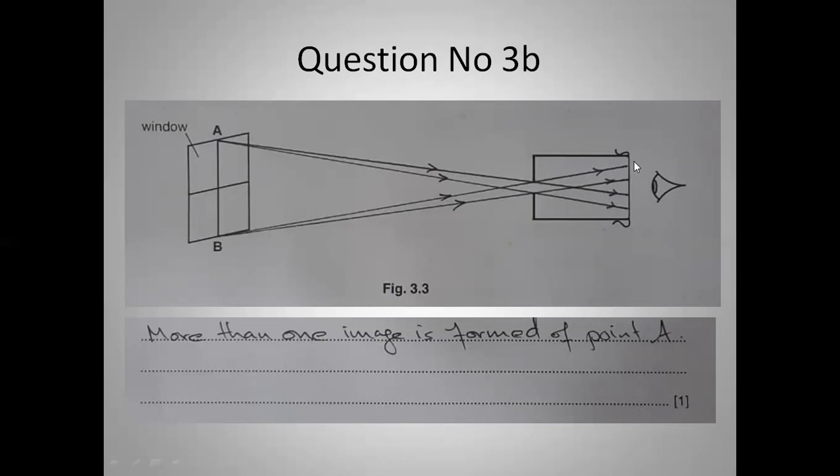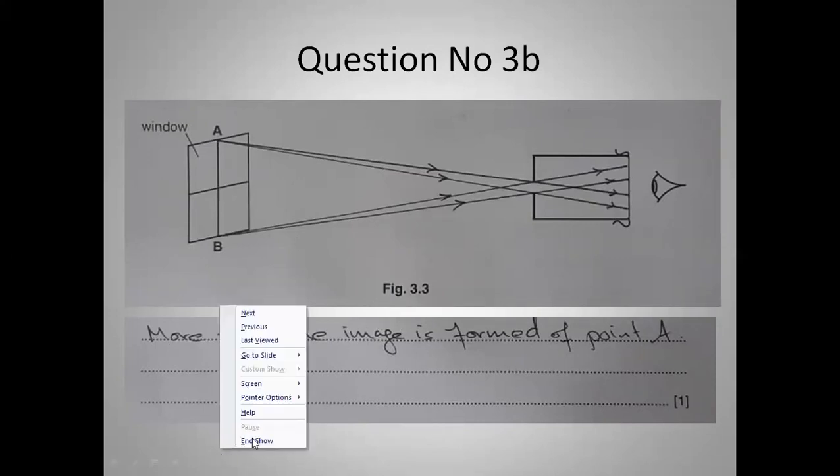So the image will be here and here also. So on the screen, two images of A and B will be formed, and that's why when you look at that image, because there will be two images of AB, the image you see will be blurred. It says more than one image is formed of the point A.